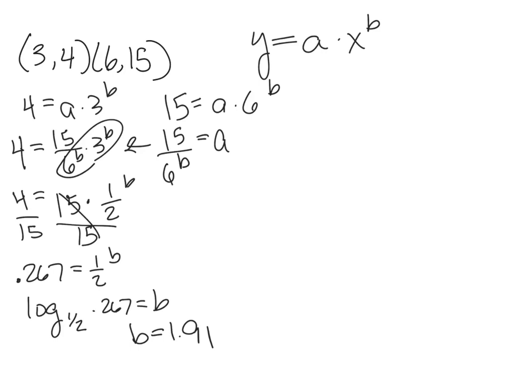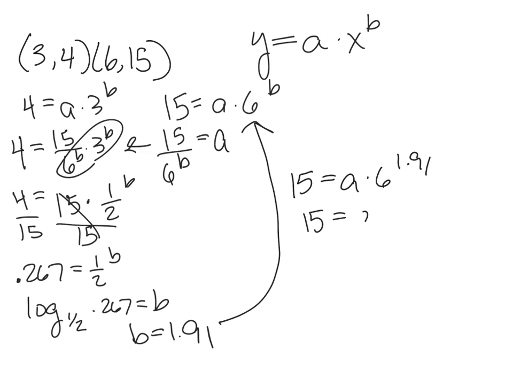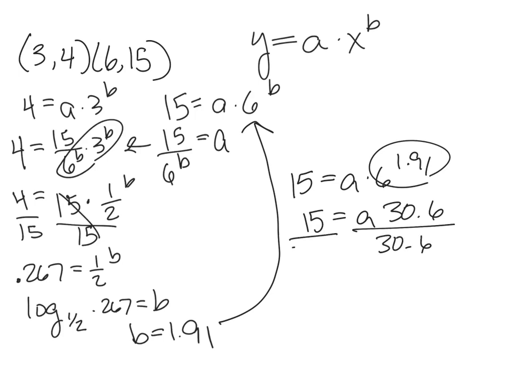So we're going to take that and plug it back into one of these equations. Doesn't matter. 15 equals a times 6 to the 1.91. This right here comes to 30.6. 15 divided by that answer. a is 0.489.